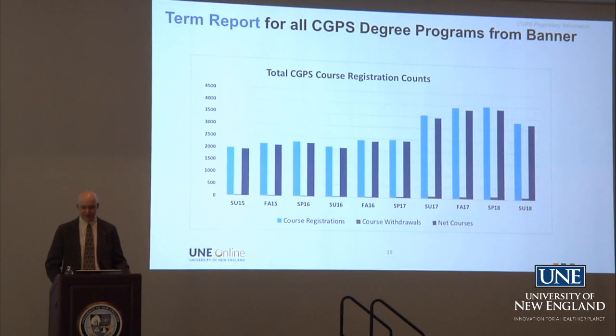You'll notice a big change with summer 17, and that's when we added some other programs such as health informatics, and we also added more recently a nutrition program. On top of that, we also had some changes with how we monitored our social work program. So that big spike in activity is largely based on some of those changes. But that again goes back to the whole point of data: what is it telling us, and what are the reasons it looks like it does?